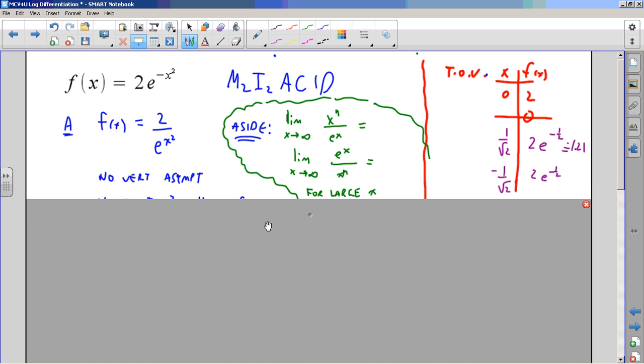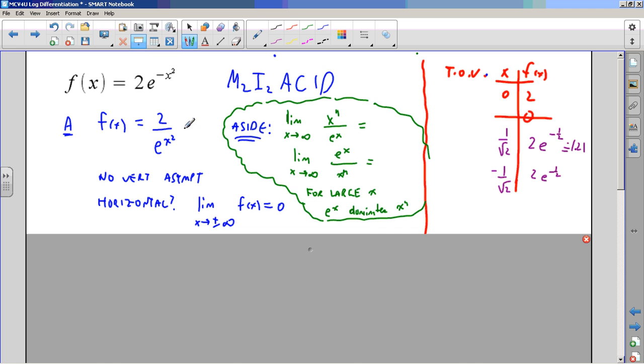I'm going to get to this in a second. The horizontal asymptotes, well, this is where we're thinking of the limit as x goes to positive or negative infinity. So when x gets really, really big, we have 2 divided by e to the exponent really, really big. Well, e to the exponent really, really big is absolutely huge. The exponential function, when it's positive here, it just gets enormous. So as x goes to positive infinity or negative infinity, notice that when it's negative infinity, then it's squared to become positive infinity.